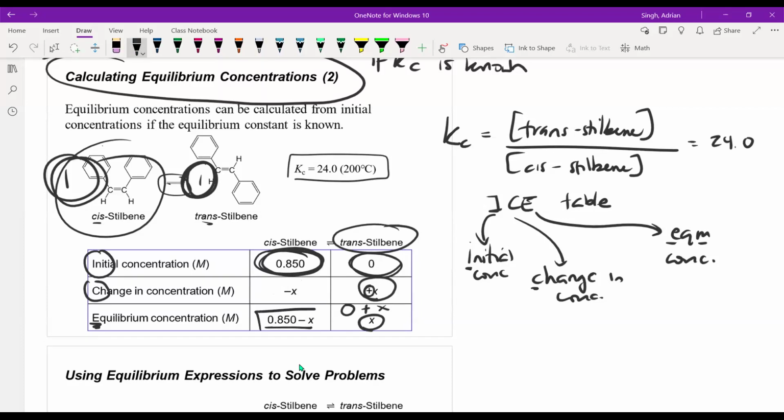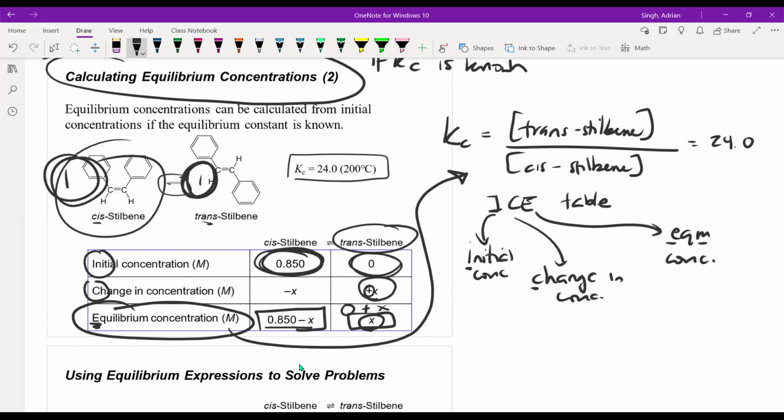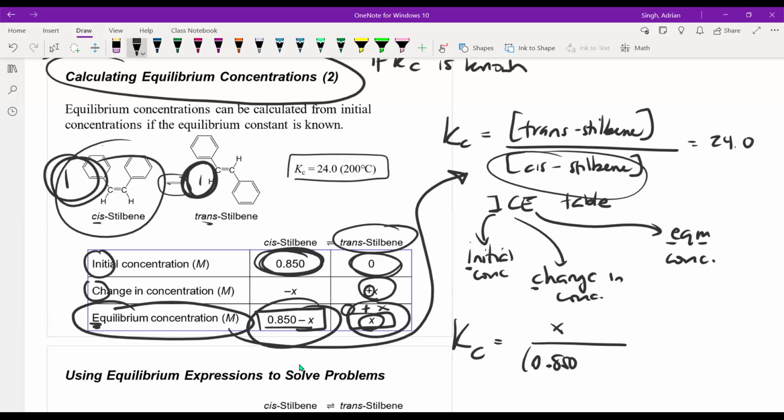So now we're using a little bit of algebra, and we can take these equilibrium concentrations and substitute them into our expression for Kc. So now we know that our Kc is equal to the concentration of the trans-stilbene, which is x, divided by the concentration of the cis-stilbene, which we now know is 0.850 minus x. We'll put that in parentheses.